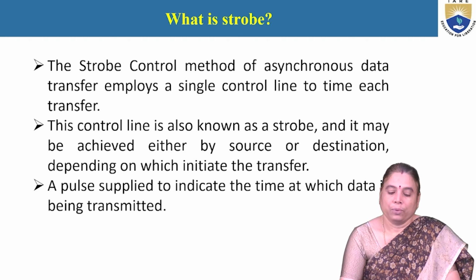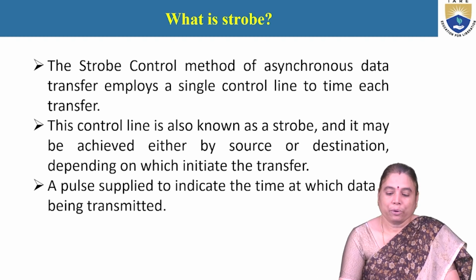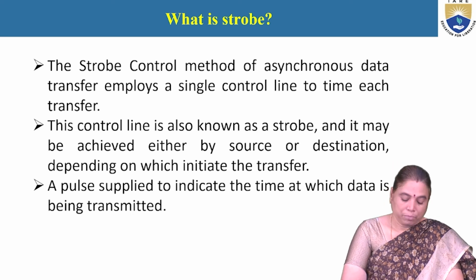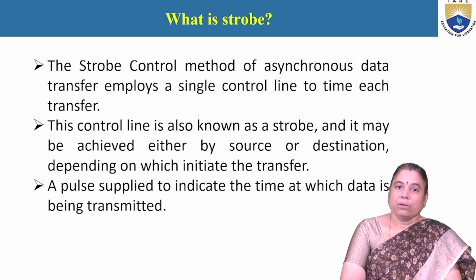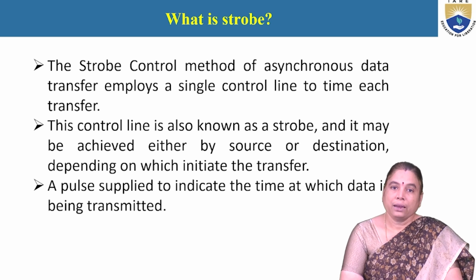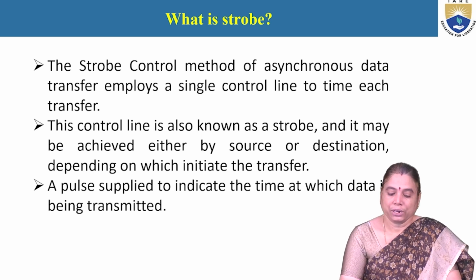What is strobe? The strobe is a control method of asynchronous data transfer that employs a single control line to time each transfer. In input-output devices, the communication can be controlled with the help of two control lines. One is the strobe control line, another one is handshaking.